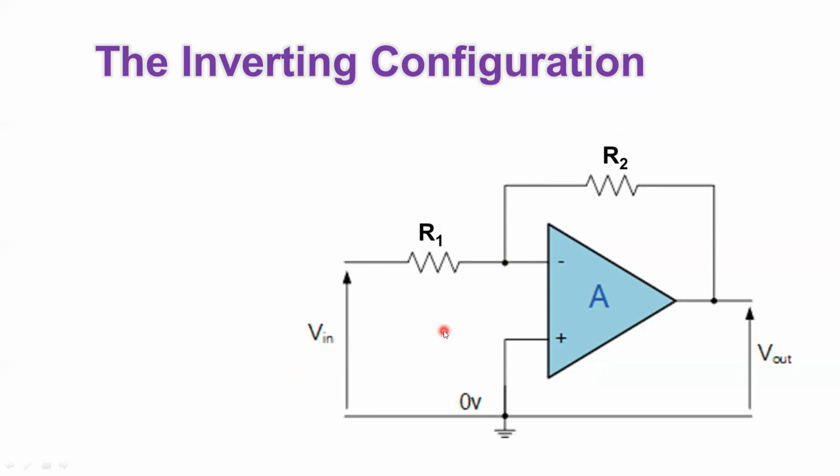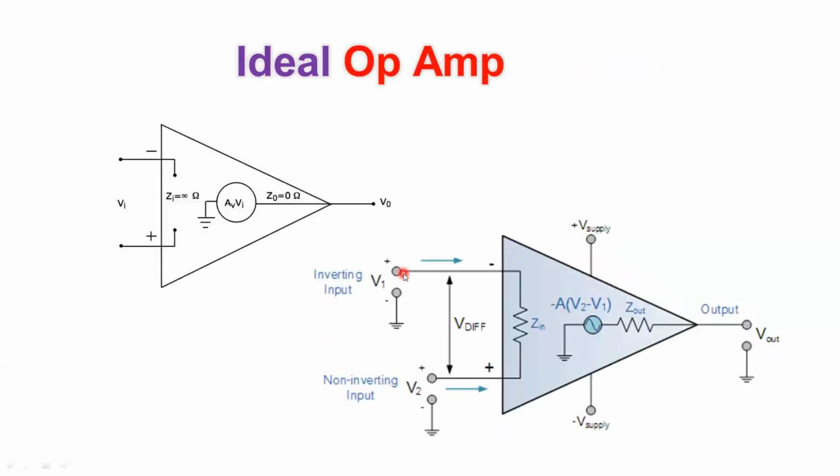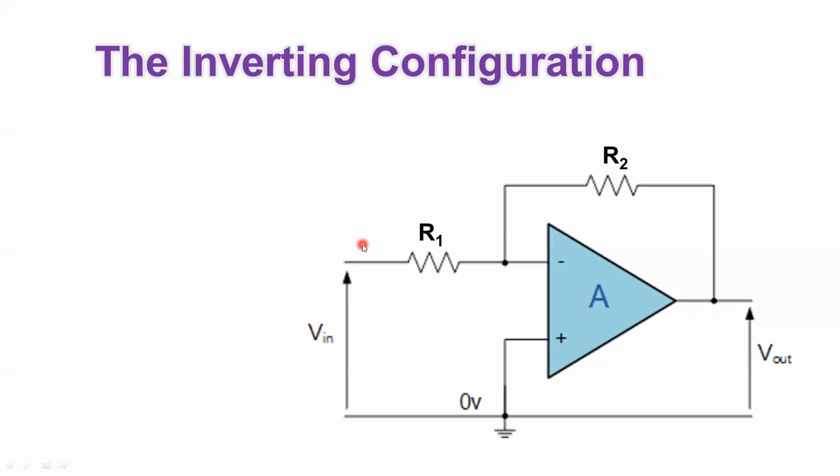This is the first schematic, and we will call this schematic the inverting configuration. It's called the inverting configuration for two reasons. The first reason is that the input is connected to the inverting input, while the non-inverting input is grounded. And there is another important reason that we will see in the next slide.